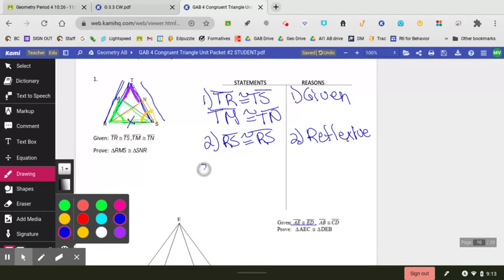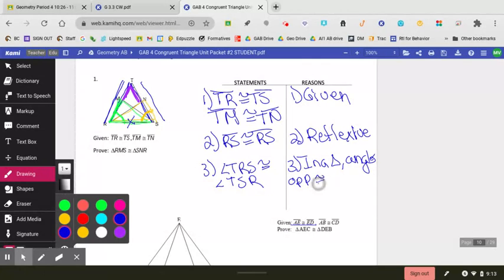So that's going to be my next step, which is angle TRS is congruent to angle TSR, because in a triangle, you must say in a triangle, angles opposite congruent sides are congruent. So now I have a side and an angle.